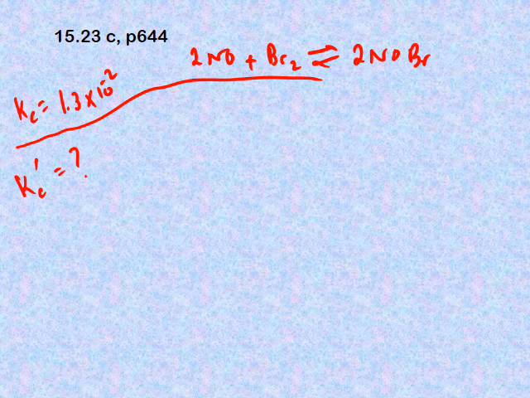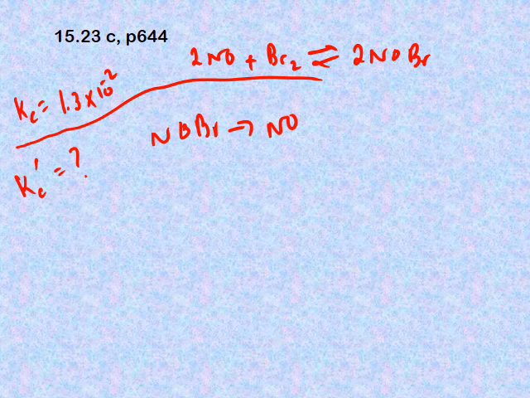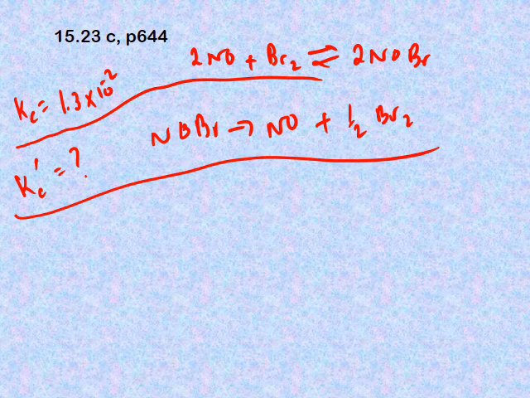Not only the differently balanced, it's also reverse reaction. NOBr on the left hand side giving NO plus half Br2. So first let's write down expression for Kc and Kc prime. That way you can see how they're related.